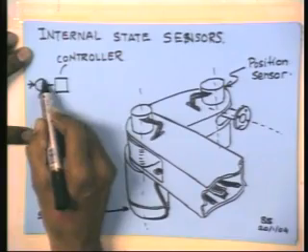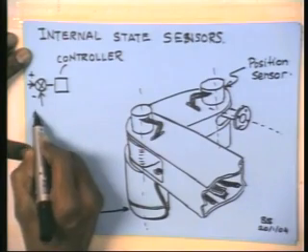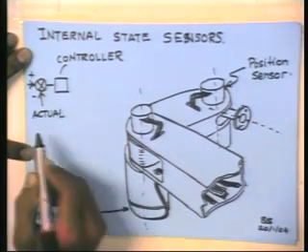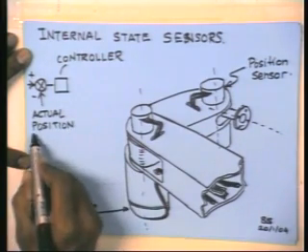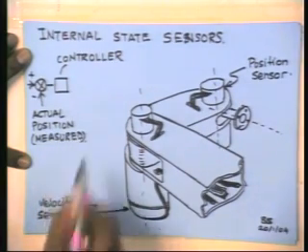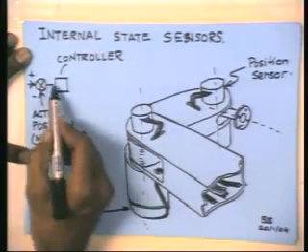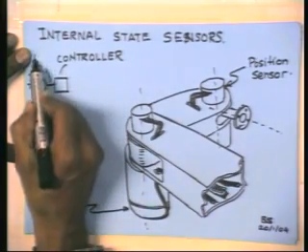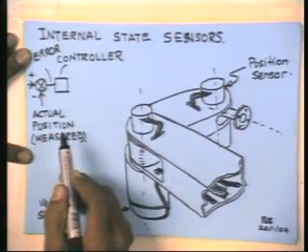Then the controller will generate, or something will tell the controller, that this is the desired position, and from the desired position the actual position has to be compared, and that I am showing in this block here with a plus and a minus sign, showing that this is the actual, say, measured position. So if we take the desired position and the actual position, then we come out with what can be called error. And the controller primarily works on the error.